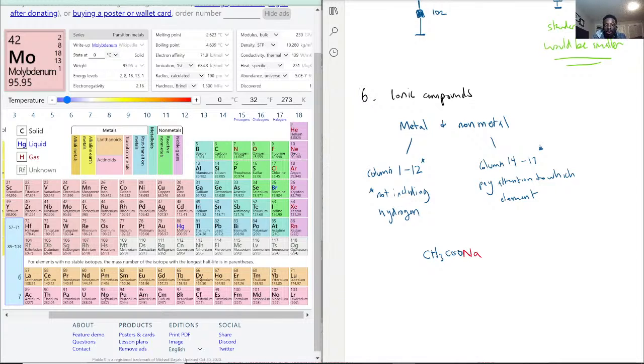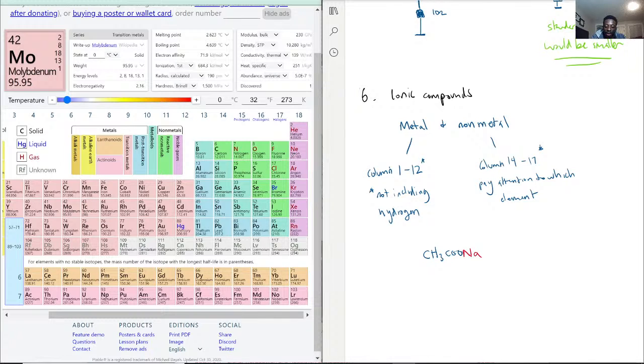Okay, because when they say metal and non-metal, they really just mean it has a metal part and a non-metal part. That's the key thing: no matter how big your molecule is, although there may be limits, if you have a metal part of that compound, it's an ionic compound. So just be wary of that. Always look out for it. Look out for things that aren't part of the non-metals, or, if it's easier for you, just look out for things that are metals.